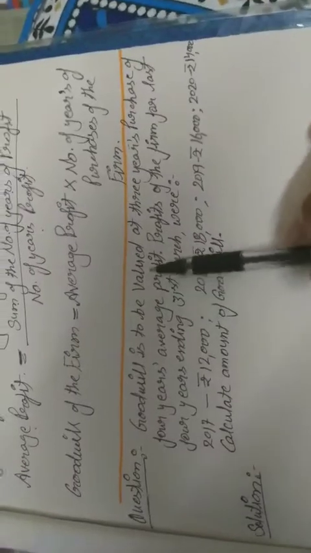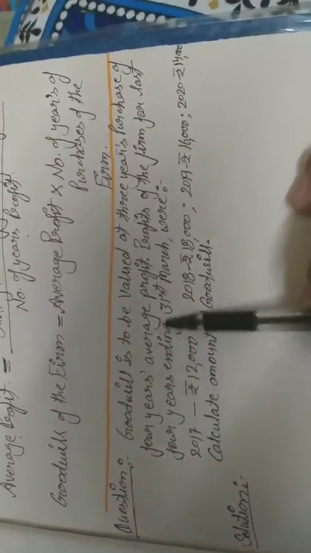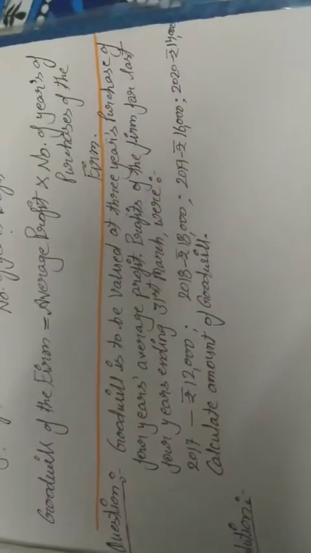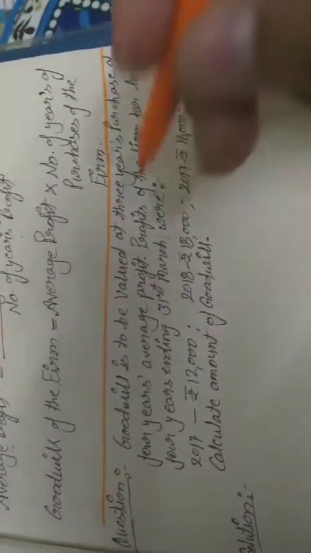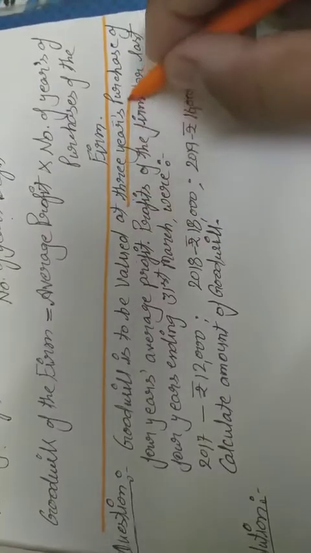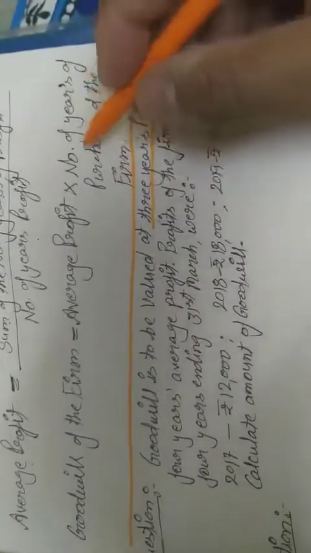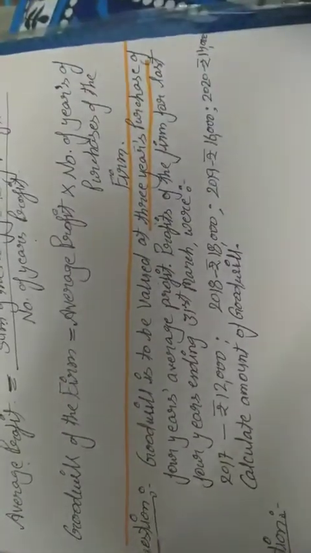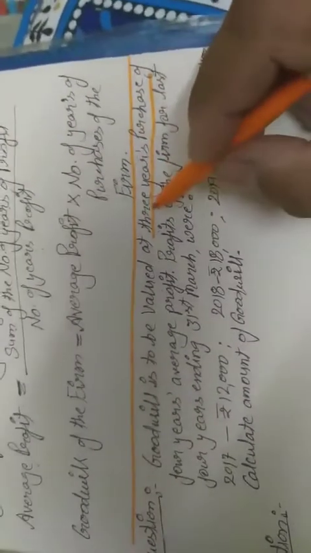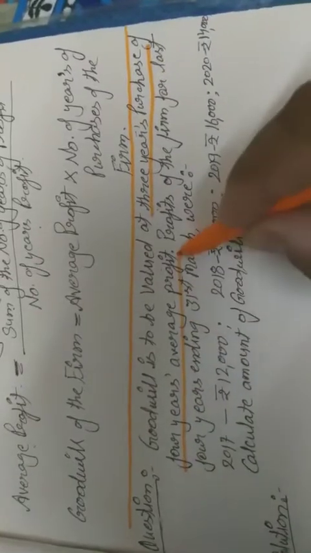Goodwill is to be valued at 3 years purchases of 4 years average profit. This is the most important. 3 years purchases means the number of years purchase of the firm. It is clear. This is the 3 years purchases of 4 years average profit.